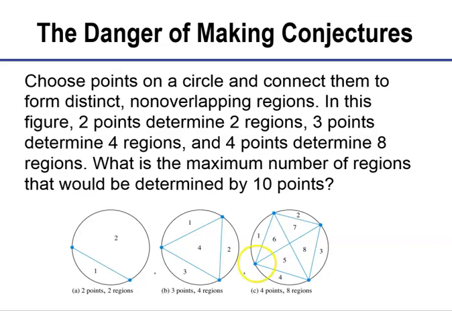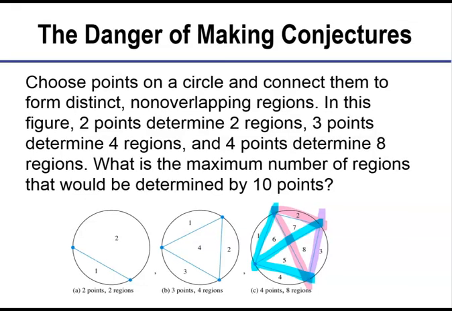From one particular point here, we connect this point, and this point. Then we move over to another point, and we connect here, which we've already connected that way, but we need to connect here and here. And then finally, I move over to this point, pick a different color, and we've already connected here and here, but we haven't connected to that point over there. Notice that the highest number is 8 regions when we have 4 points.